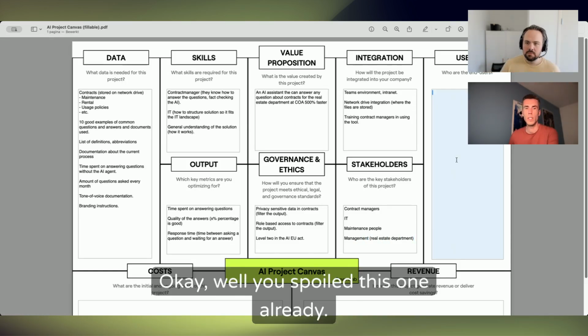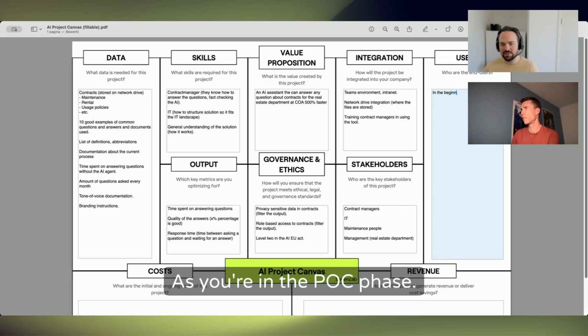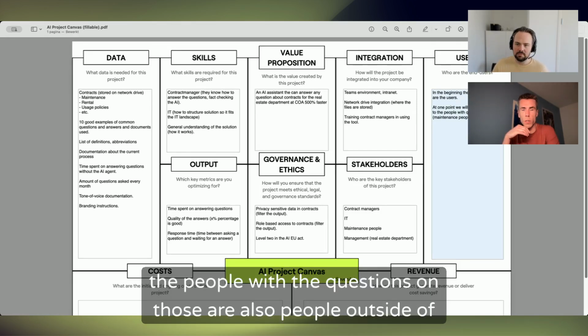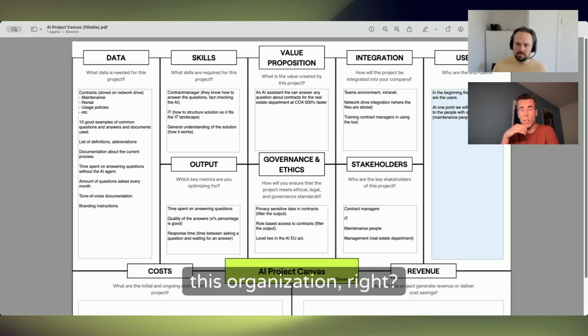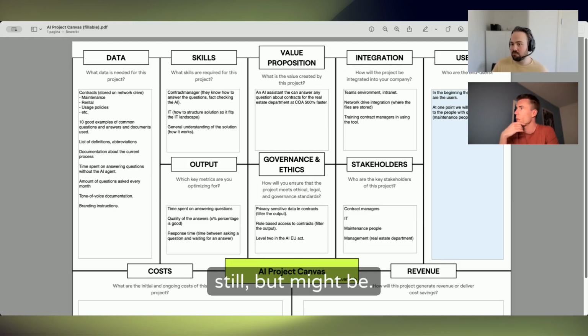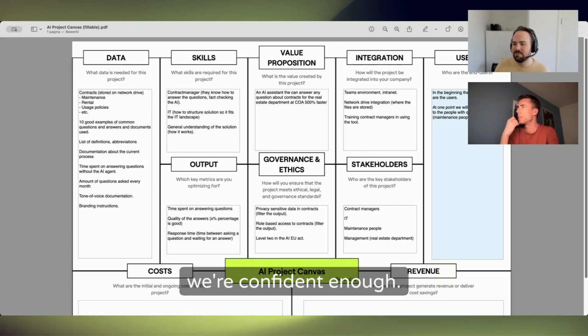Okay. Well, you spoiled this one already. So in the beginning, the contract managers are the users. Yeah, during the POC phase. And the people with the questions, those are also people outside of this organization, right? Could be something to be discussed. But probably we will keep using it with the contract managers until we're confident enough.